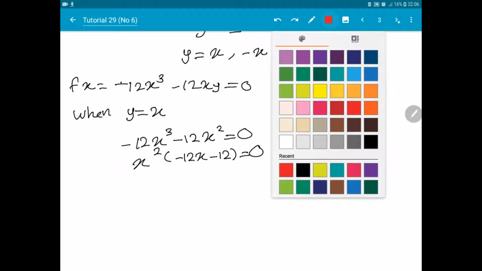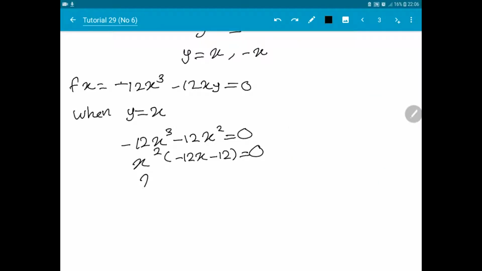By that, our x will be equal to 0 and -1. Because y equal to x, our points will be 0, 0 and -1, -1.